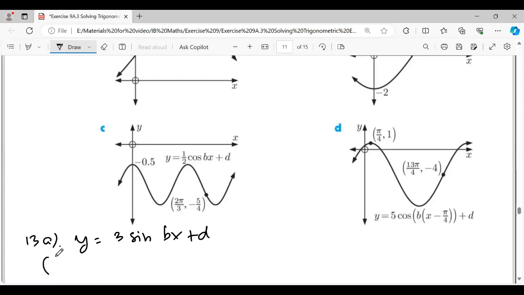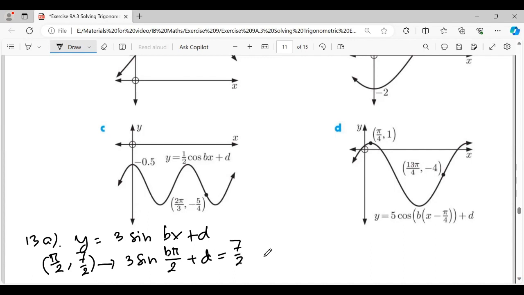Every coordinate point pi half, comma 7 half, the equation becomes 3 sine b pi half plus d equals 7 half.